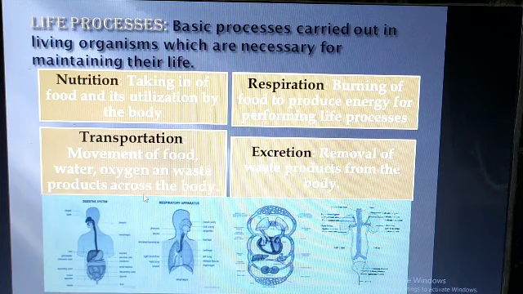After the transportation and the whole metabolism takes place, obviously waste products are produced, which are very toxic and harmful for our body. They should be taken off from the body. That process of removal of waste products from the body is called excretion.